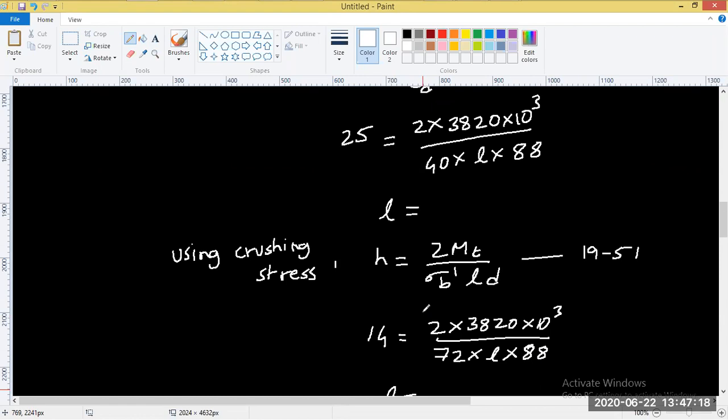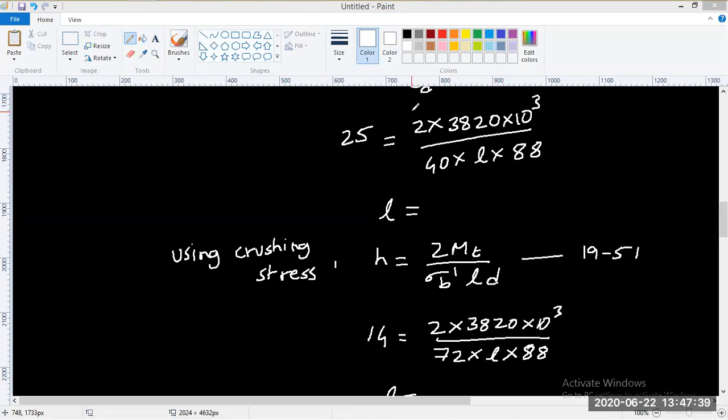That's 2 into 3820E3 divided by 40 into 88 into 25. You're right.